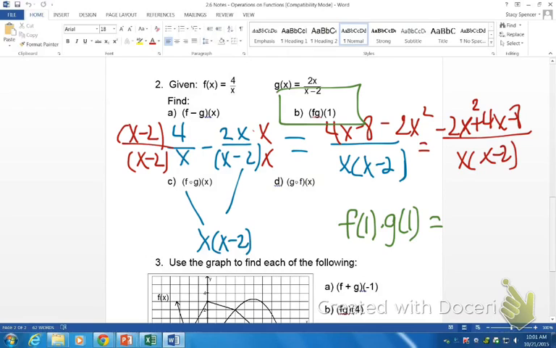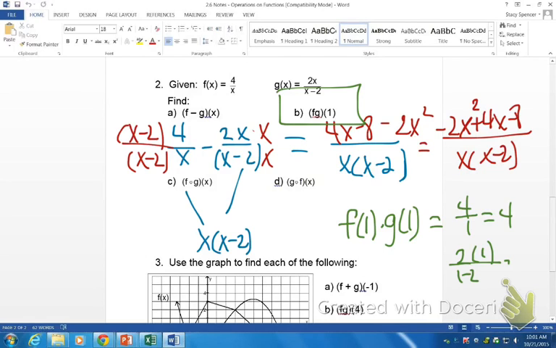All right, so let's do that. So evaluate f of x for 1. So that would give you 4 over 1, which would just be 4. Now the g of 1, so that would be 2 times 1 over 1 minus 2.